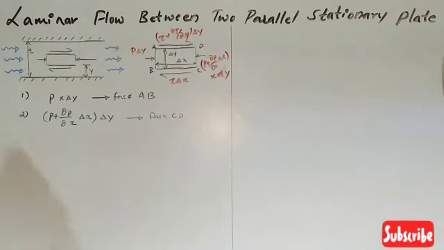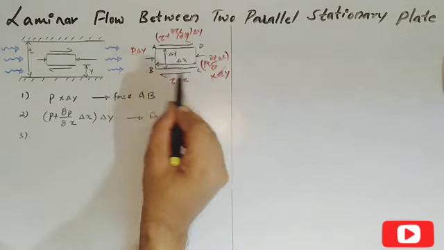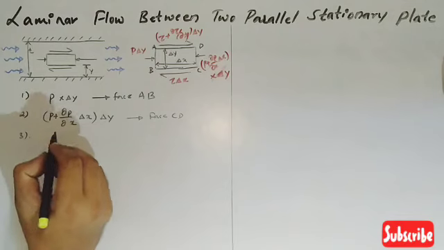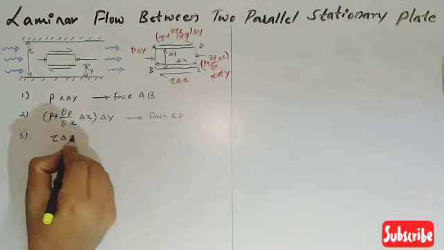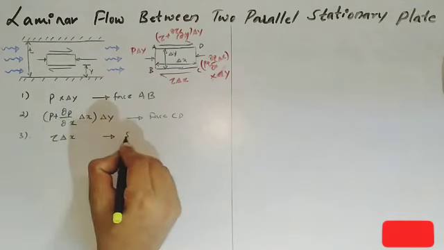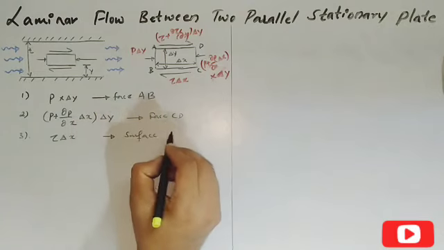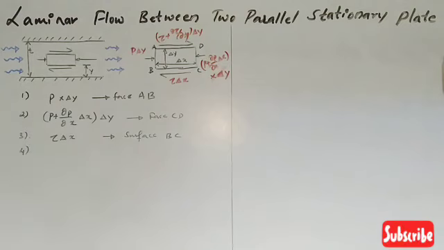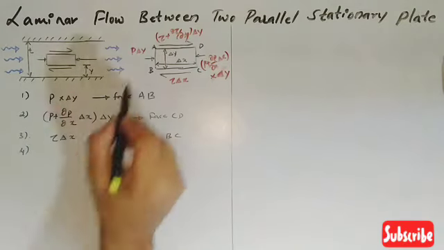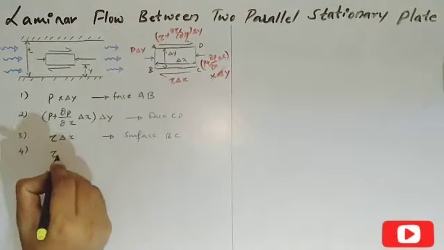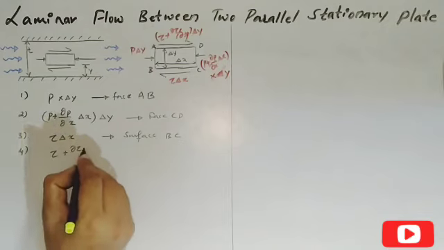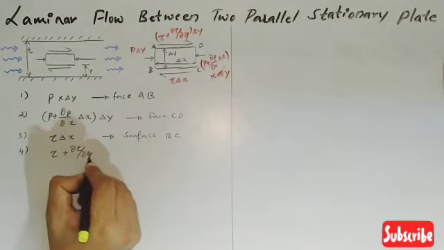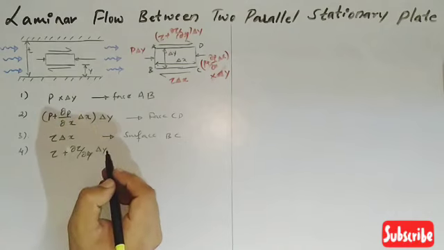Now the third force is the shear force on surface BC, that is tau into delta x. Similarly the fourth force is the shear force on face AD, that is tau plus dou tau divided by dou y into delta y.